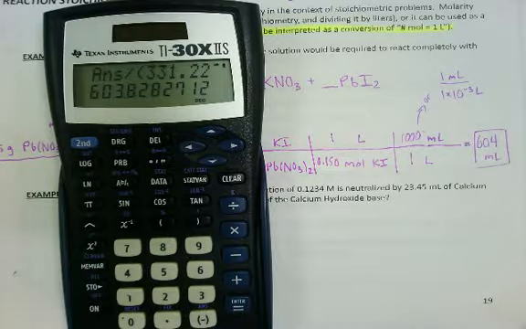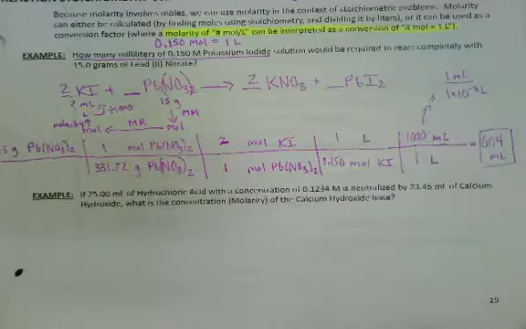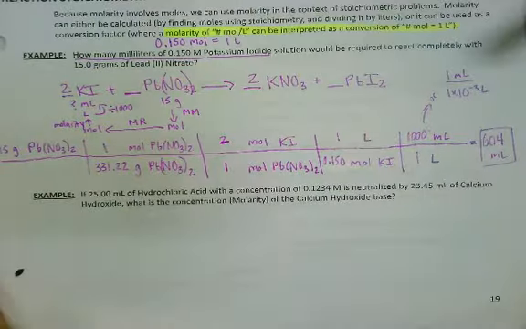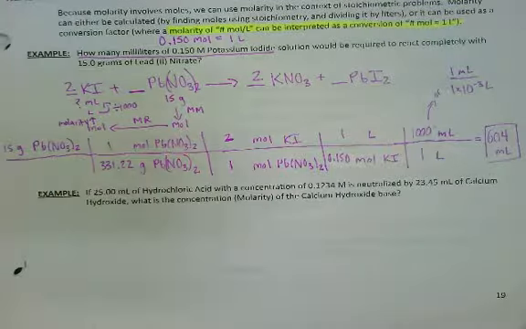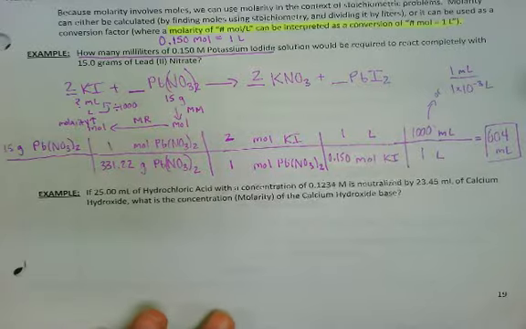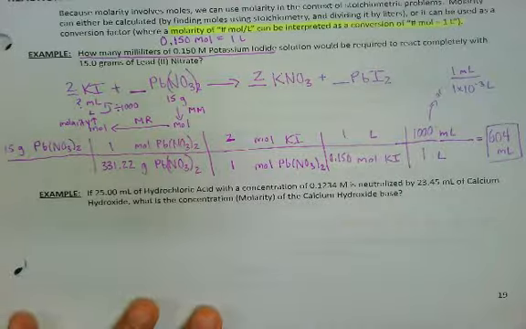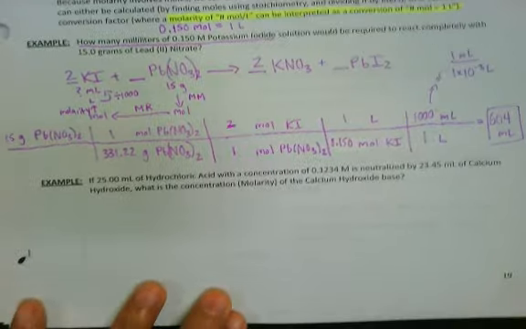So 604, 603.8, round the 3 up to a 4. Okay. Any lingering questions there? Please show your work. Make yourself a mole map if you need to. These are obviously a little bit complicated. Okay. So there's your answer.